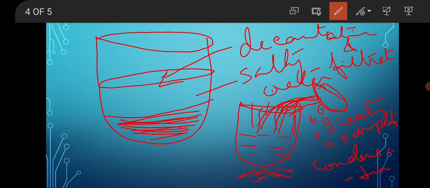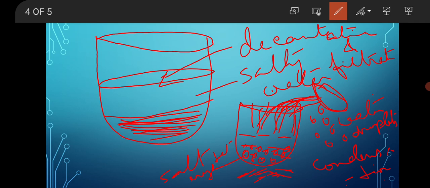Now we will see the salt will remain behind in the beaker by forming crystals. These are the salt crystals. Clear? So what can we say now?